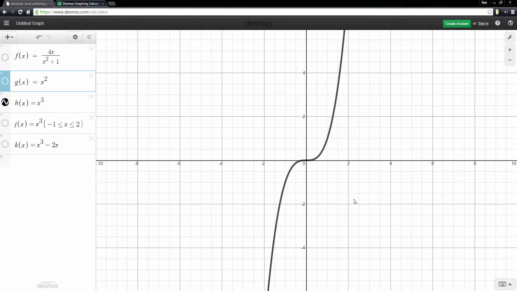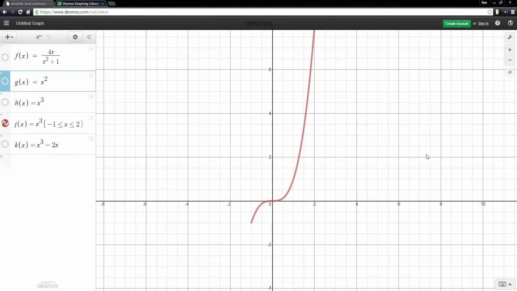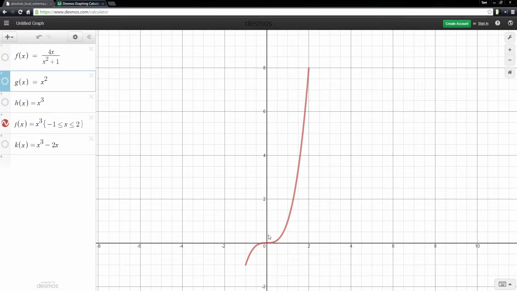maximum and minimum is that the absolute maximum and minimum not only depends on the function, it depends on the interval that you're talking about. So I can restrict the function down. This function j of x is the function x cubed, but I'm only going to consider the interval from -1 to 2. If I only consider that interval, it does have an absolute minimum.